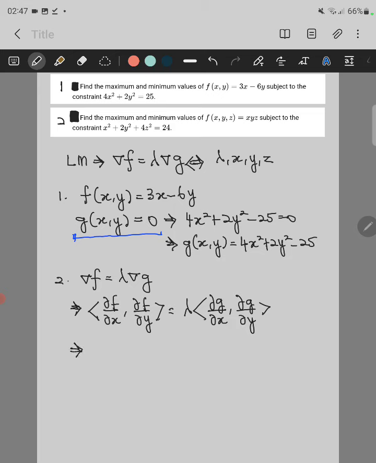So what is delta f/delta x? This equals 3, and then delta f/delta y is minus 6.